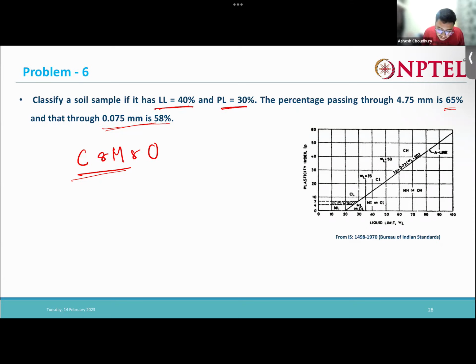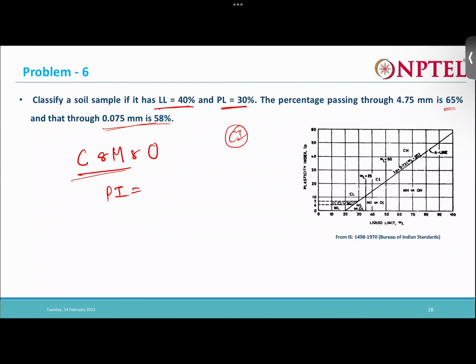Now from the liquid limit and plastic limit, please tell me what is the plasticity index? You are saying it's intermediate clay. Okay, let us see if it's correct or wrong.